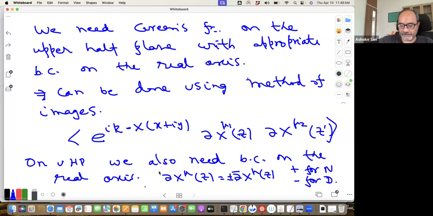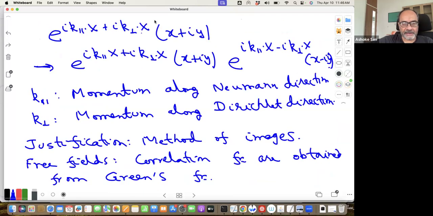And what one can show is that the rule that I gave, namely that you have to replace the e^{ik_parallel·x + ik_perp·x} by this product in the full complex plane, essentially guarantees that the boundary condition on the real axis is satisfied. Is this statement clear?